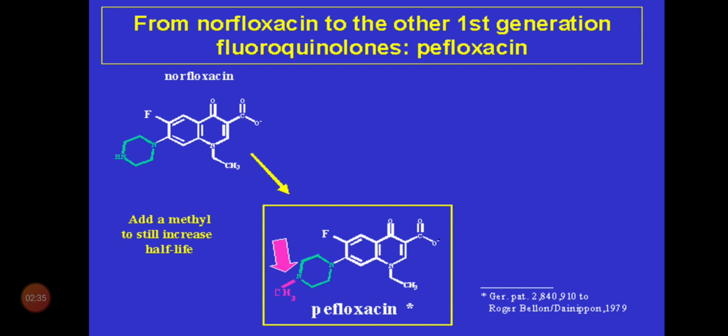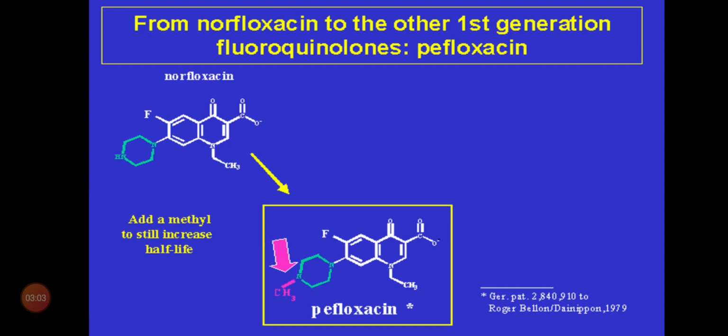First, norfloxacin to other first generation fluoroquinolones, that is pefloxacin. In norfloxacin, on the piperazine ring, which is present at the 7th carbon atom, a methyl group is added, which is shown by the arrow.